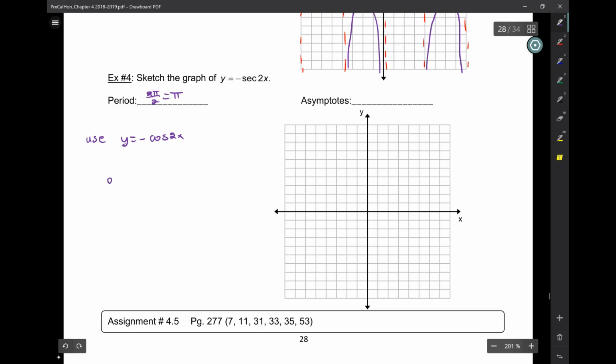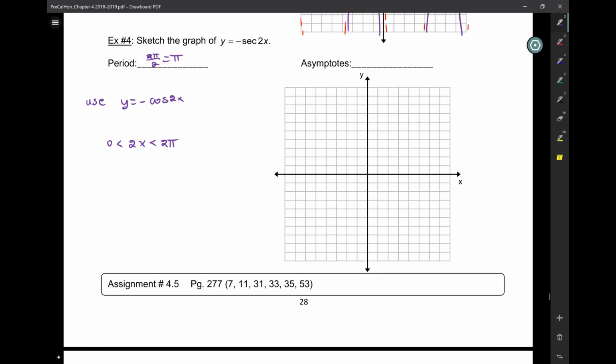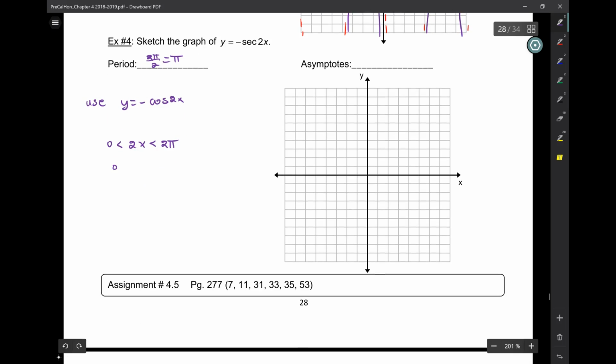So here we're going to go from 0 to 2x to 2 pi. In this case, technically it's a secant, so we have asymptotes. I just do open inequalities. It really doesn't make that much of a difference for us anyway. So this is going to go from 0 to x to pi.